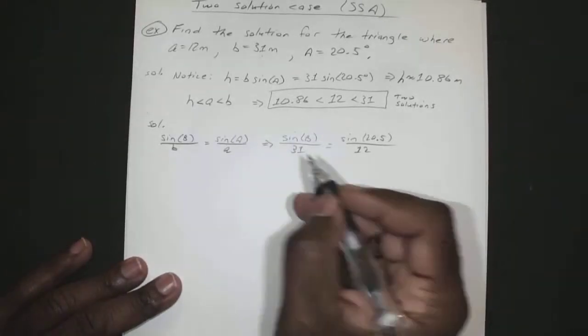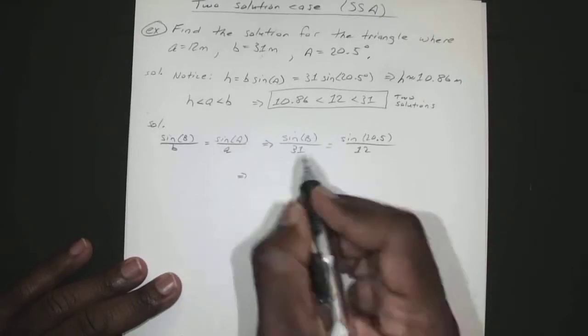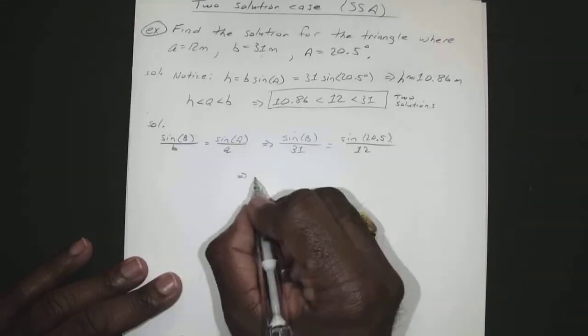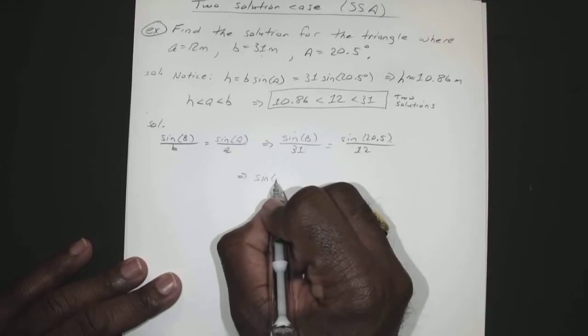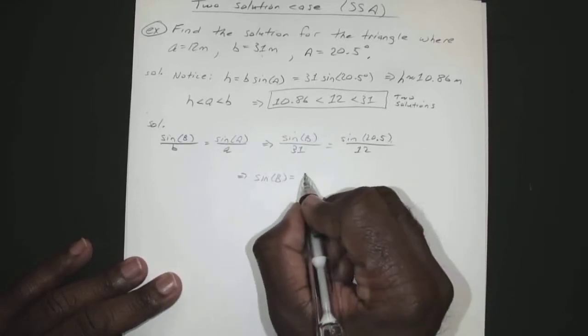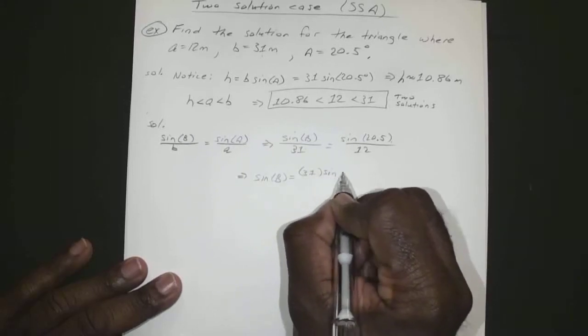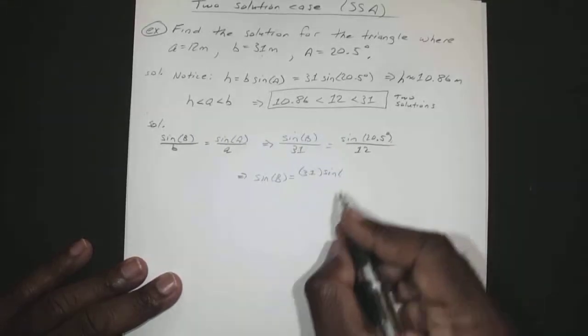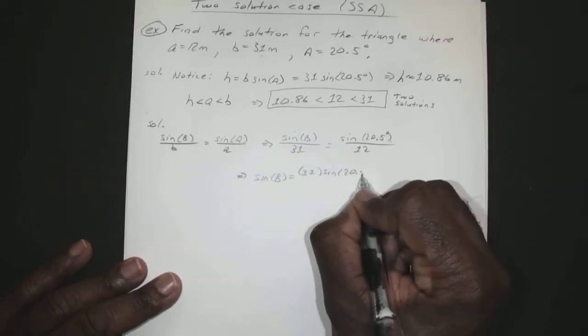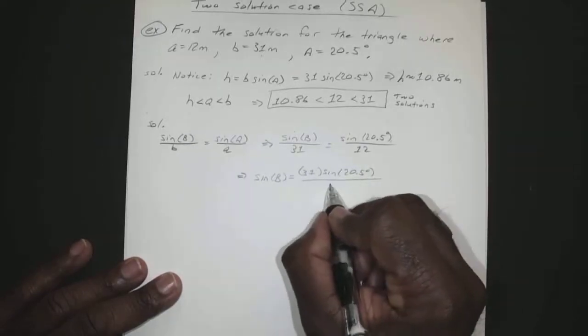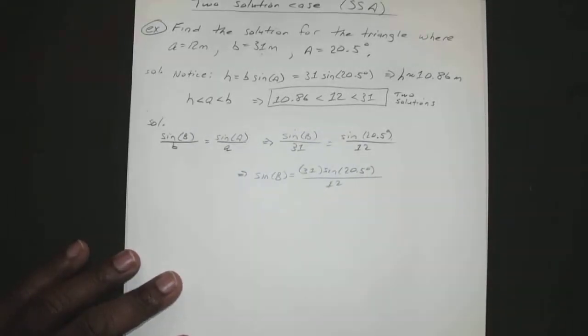Okay, so if you just multiply both sides by 31, sine of B is equal to 31 times sine of 20.5 degrees, divided by 12.